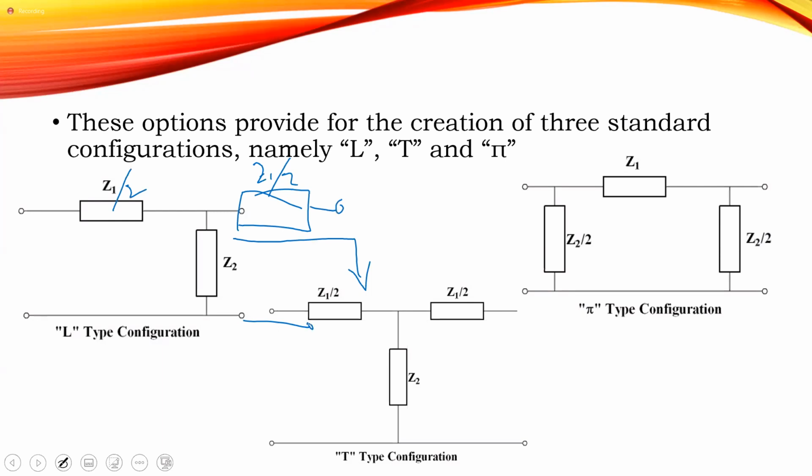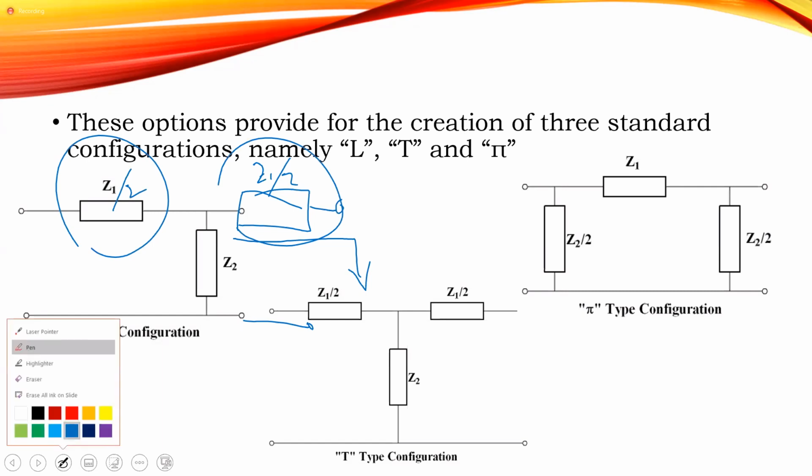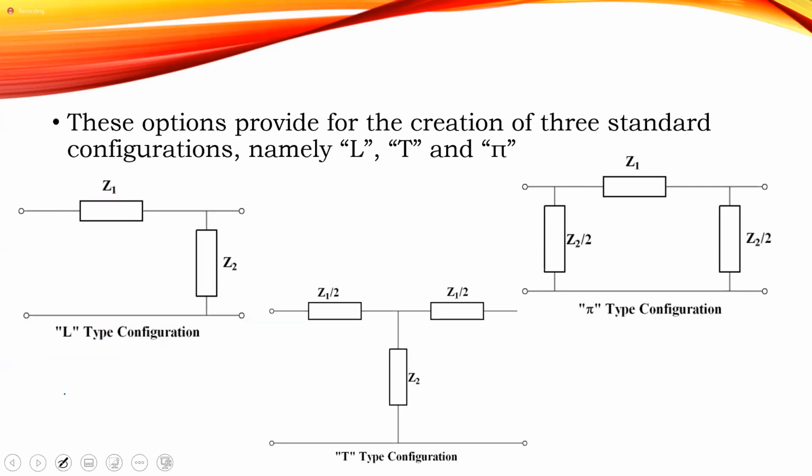So I have half of Z1 on one side, half of Z1 on the other side. And I get my T. If I, however, wanted to convert the L section to a pi, then it means that I would insert a half of the parallel element on either side. Okay, so that's how we move from L section to your T or pi configuration.